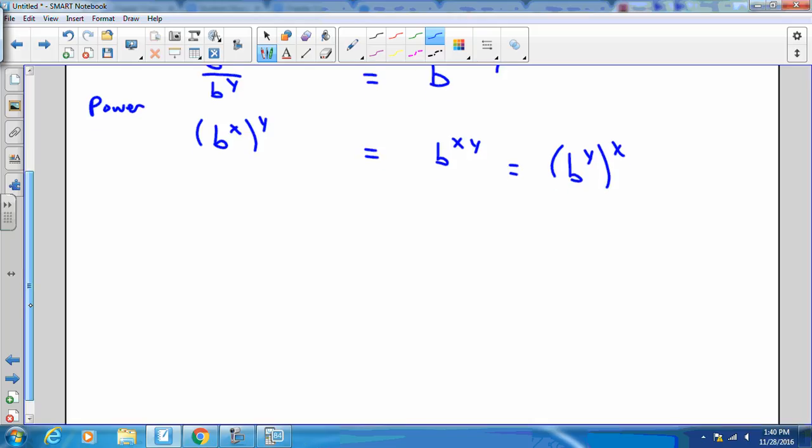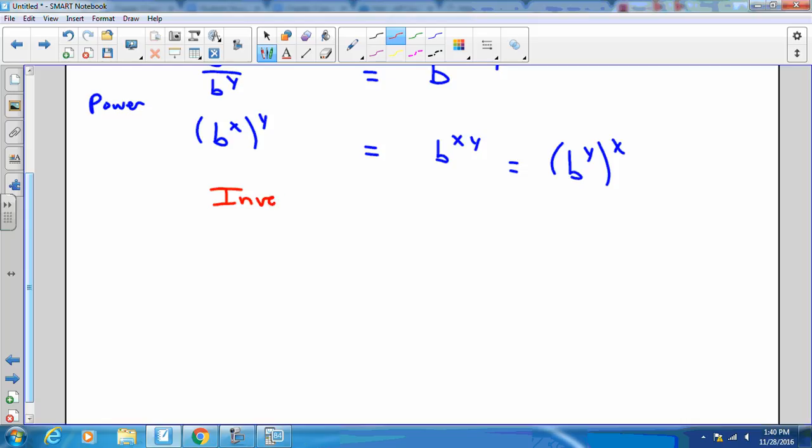So these three properties then are used for exponentials all the time. In addition to the three properties, we also have an inverse. And the inverse of the exponential is log base b of x. Now we're going to spend a lot of time on Wednesday and Thursday talking about logarithms.